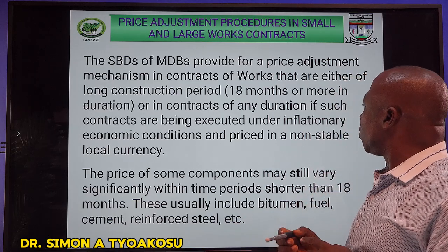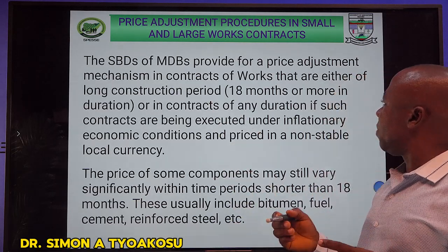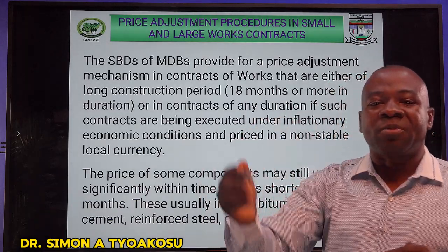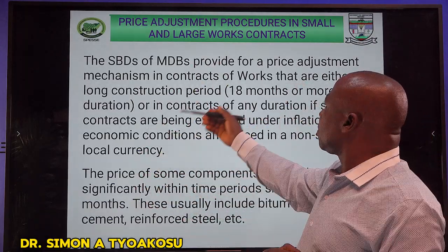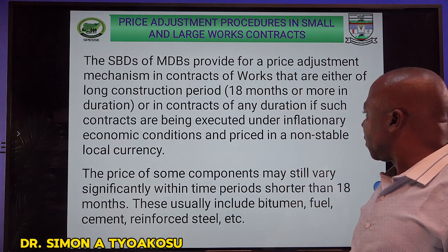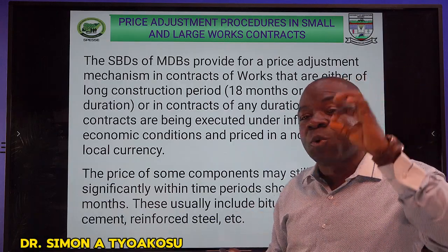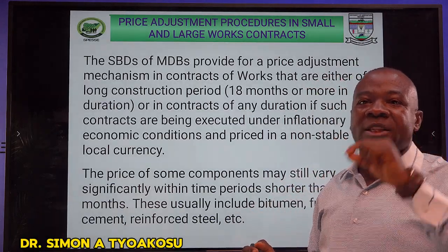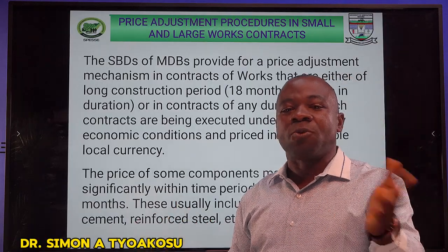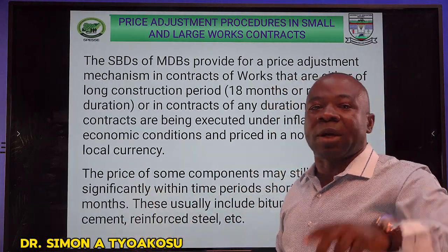Any contract that goes up to 18 months, the standard bidding documents make provision that adequate arrangements or provisions should be made ahead of time for price adjustments that may arise. Even the price of some components may still vary significantly within a very short time, within 18 months. Take for instance, in Nigeria, I made mention of petroleum products. You are using fuel as a major product in executing a particular project.